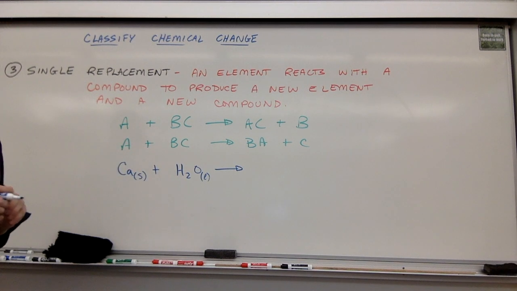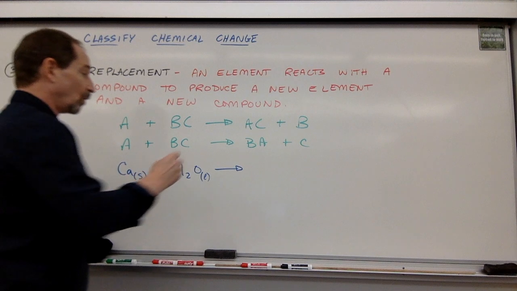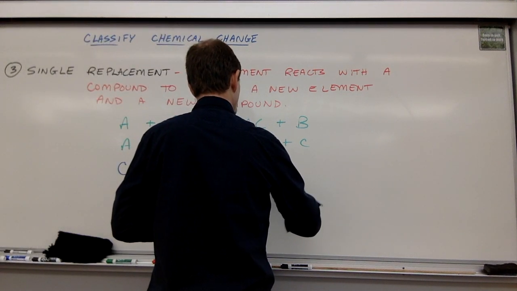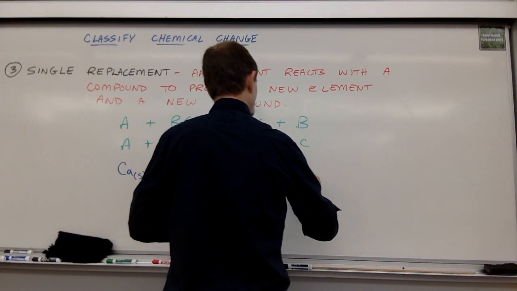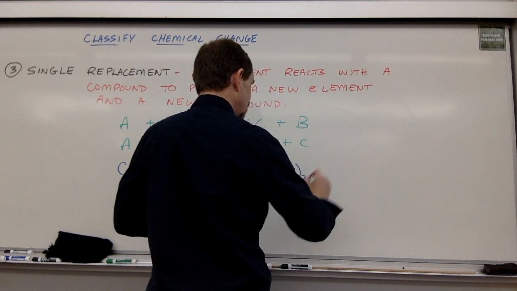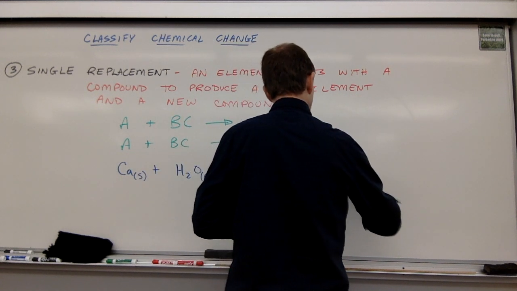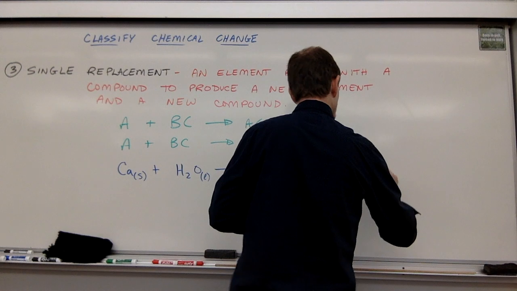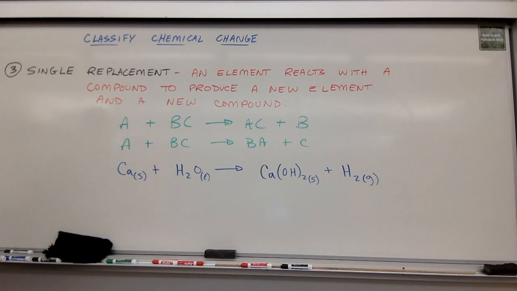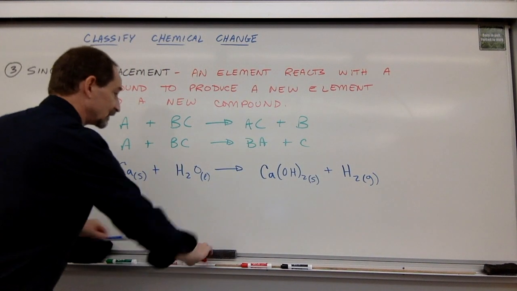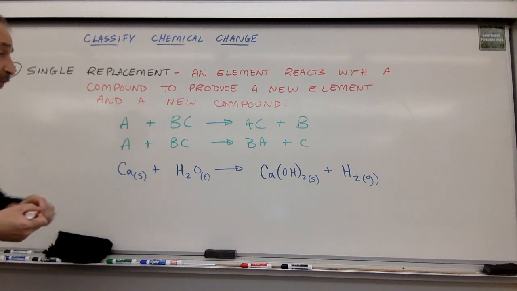It can remove hydrogen from the water and produce calcium hydroxide precipitate. It will be a solid and generate some hydrogen gas. Again, if I want to balance that, I need 2 waters.